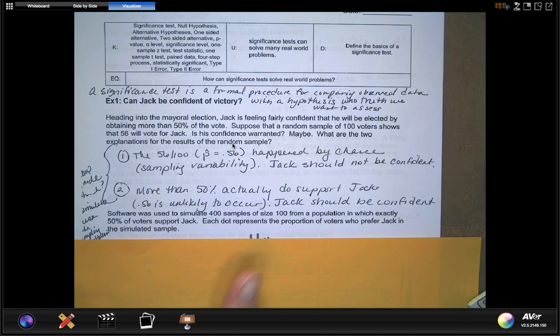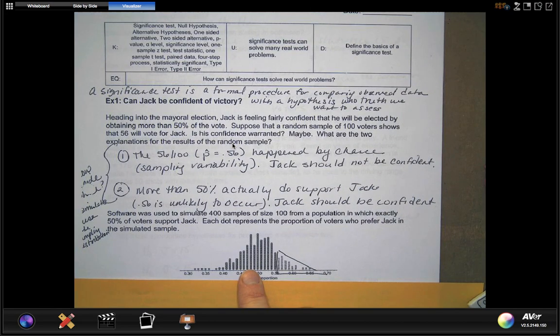Then you take a sample of size 100 and look at the proportion in that one sample that will vote for Jack. Put that sample back, take another sample of 100, look for the proportion that will vote for Jack, and you keep doing that until you get 400 samples. All these dots down here represent the results of each one of those samples.